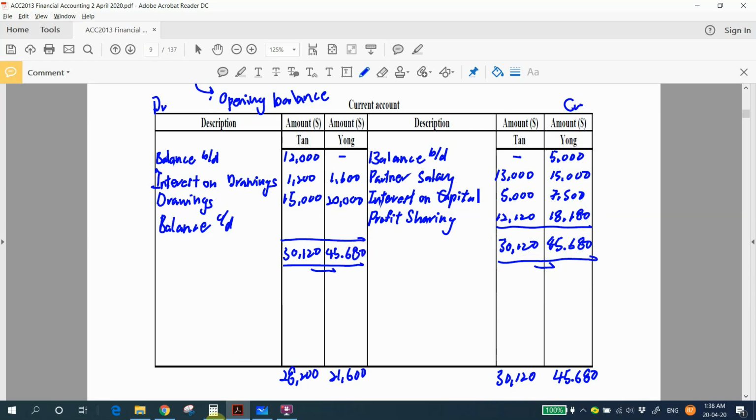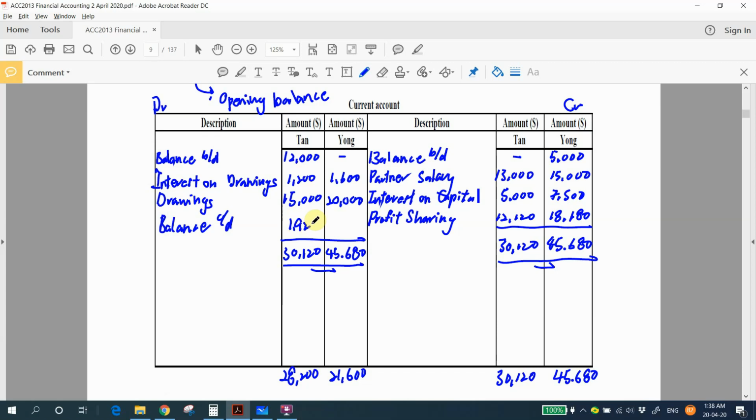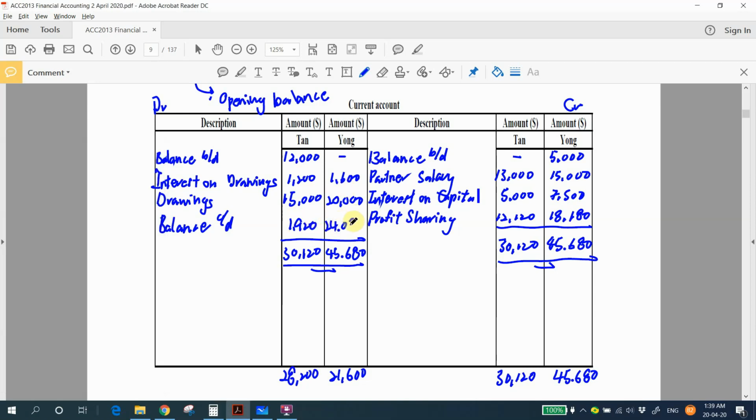So let's calculate the difference. $1,920, $24,080. So closing balance on the debit side, the opening balance will be on the credit side.